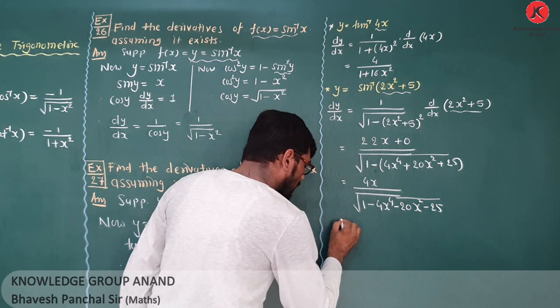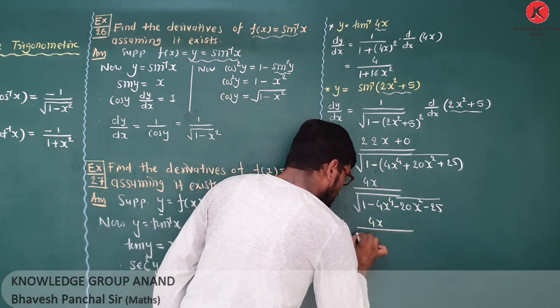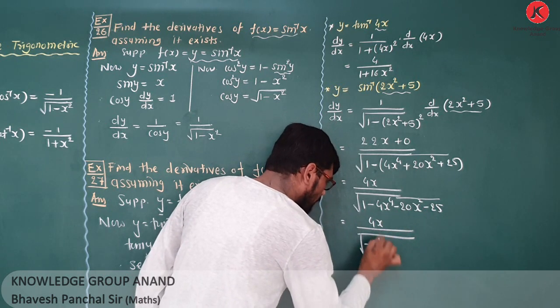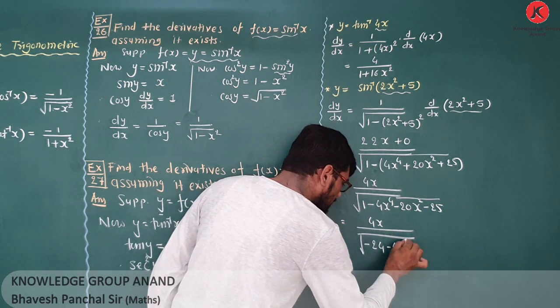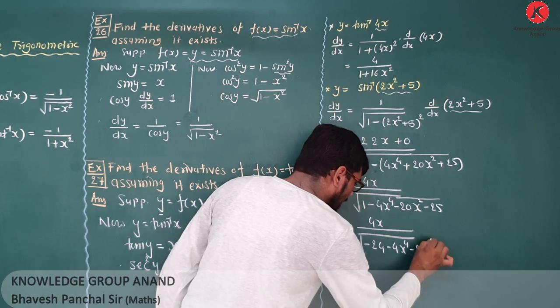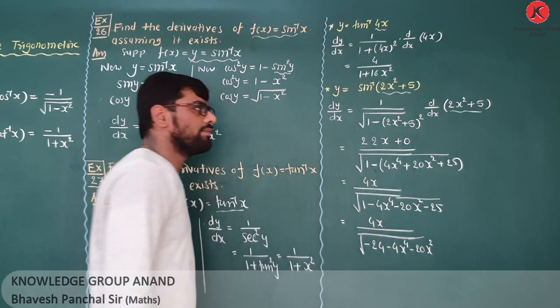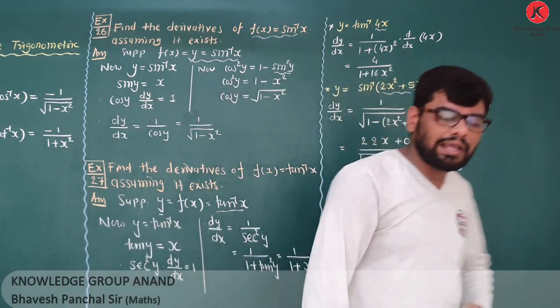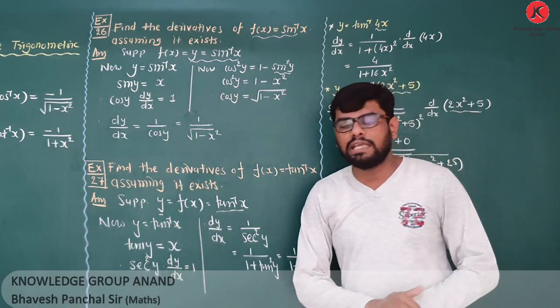So we get 4x as it is over under root, 1 minus 25, that is minus 24, minus 4x raised to 4 minus 20x square, which is our answer. Okay, very easy sum. First derivative of outer function and then derivative of inner function, remember this.